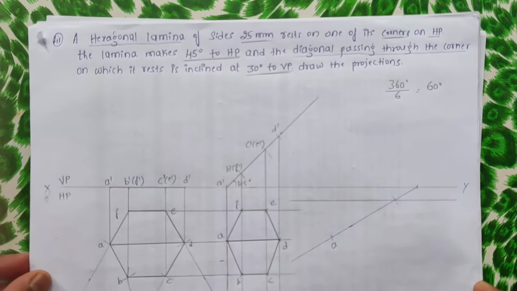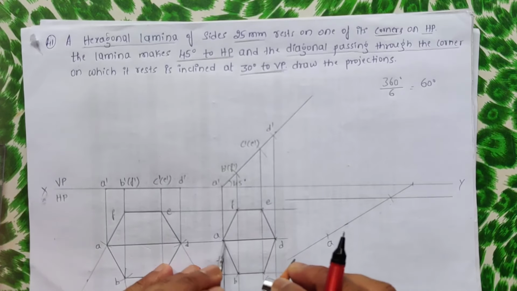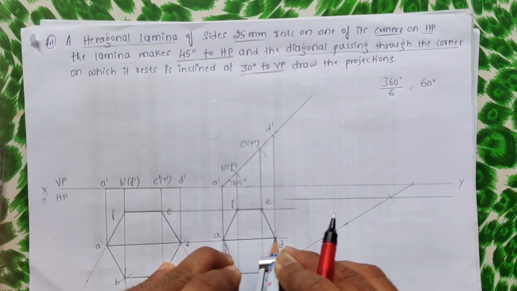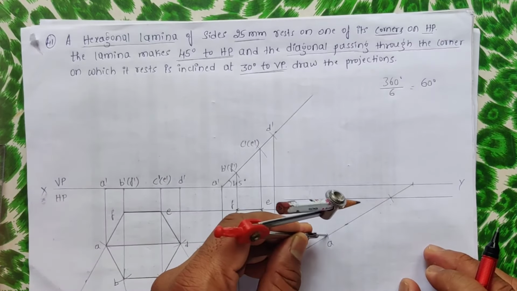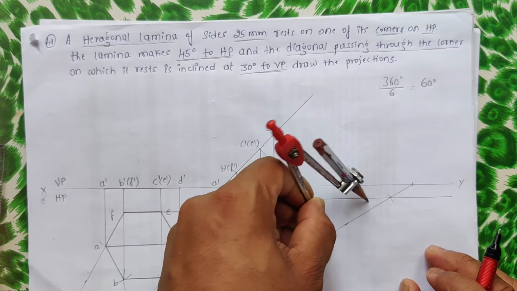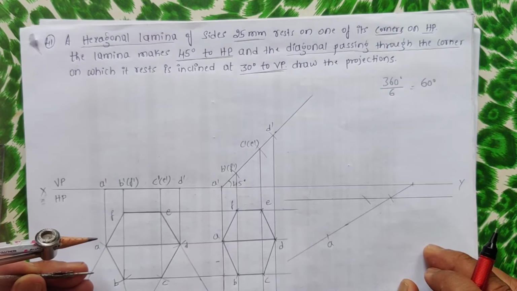Okay, right? So now we have to measure this AD in the fourth diagram. Okay, measure this, keeping the compass on A. We have to cut for D here, one more D. Understood?